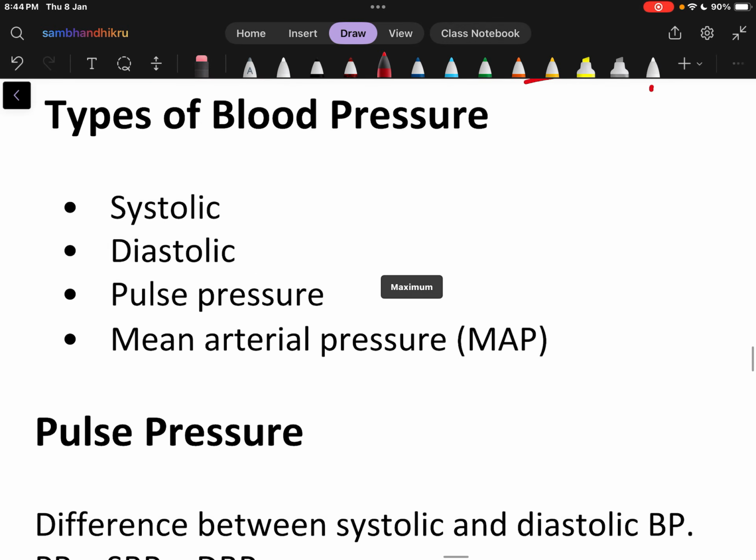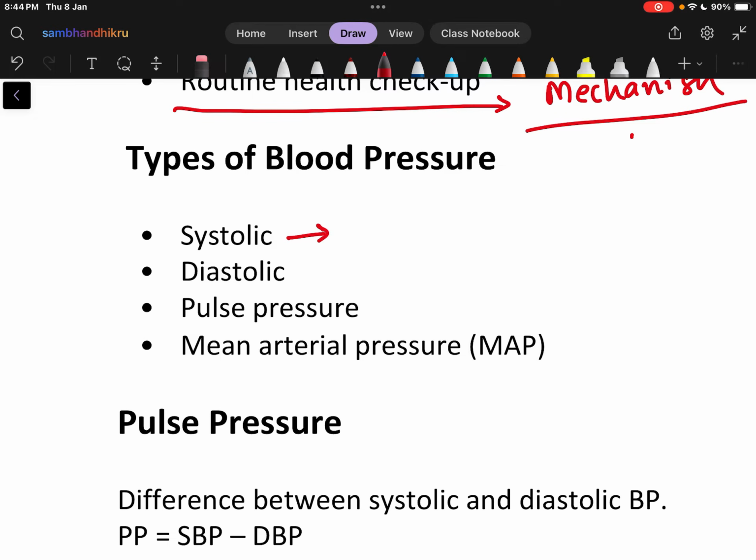Next, coming to the types of BP, we know that systolic blood pressure is 120, diastolic blood pressure is how much, 80 mm of Hg. Pulse pressure means the difference between systolic and diastolic blood pressure.